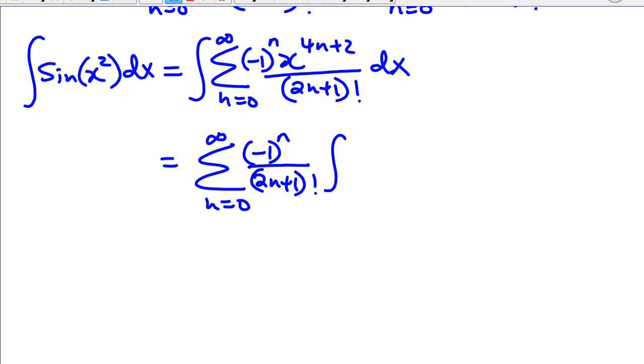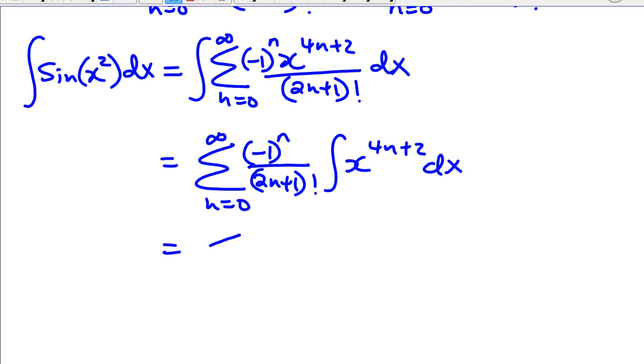So x to the power 4n plus 2 dx. I need to check that everything is correct. Looks good. So we can carry on.